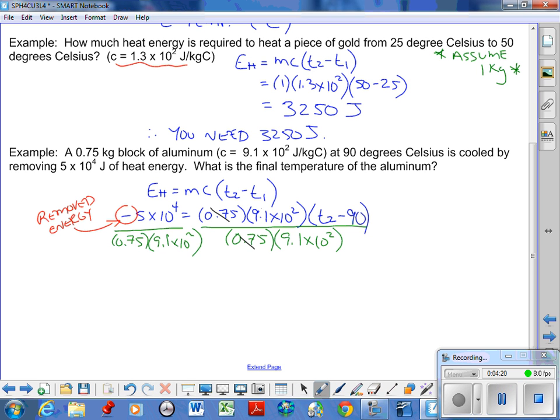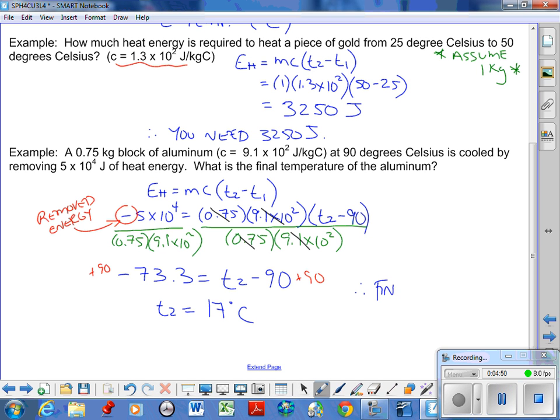Cancel, cancel. Punching it in the calculator, I get negative 73.3, and all that's left on this side is T2 minus 90. Add 90 to both sides, and we get that the aluminum is, let's say, call it 17 degrees Celsius.